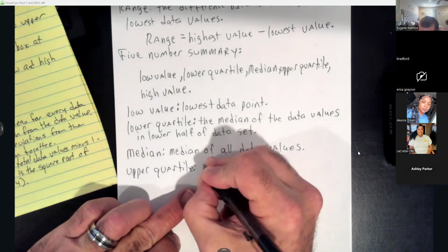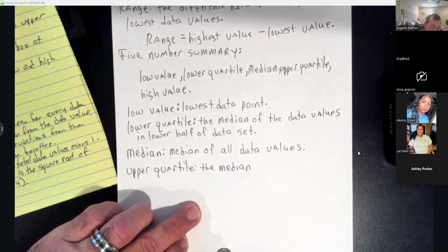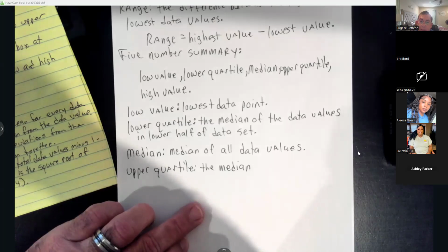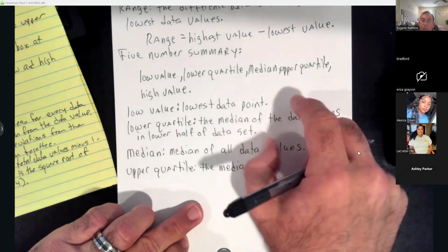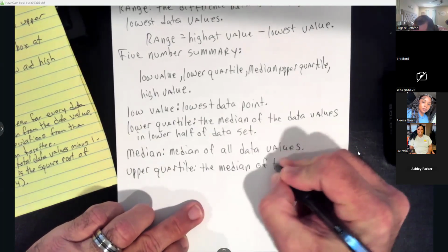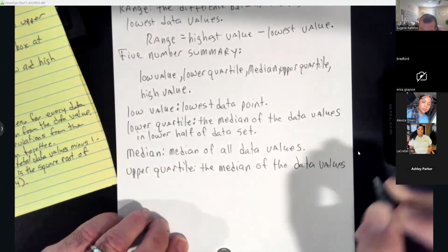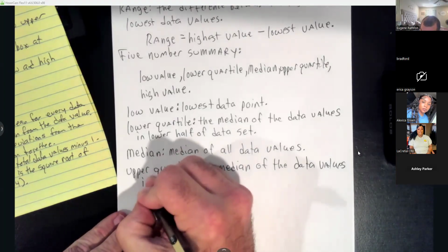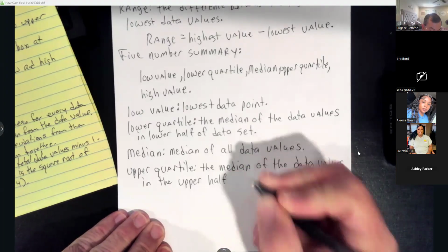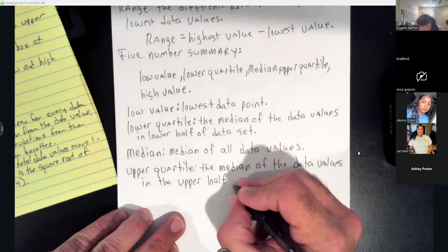So it is the median of the data values in the upper half of the data set. So lower quartile was the lower half, upper quartile is the median of the data values in the upper half of the data set.